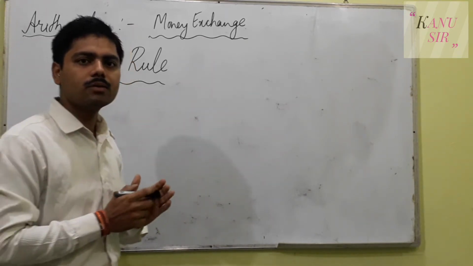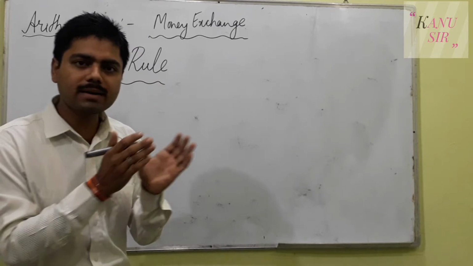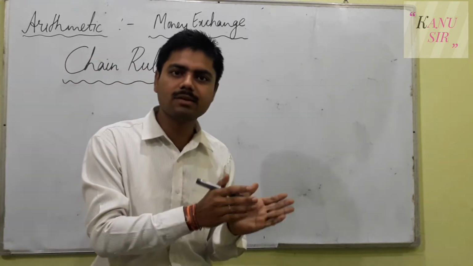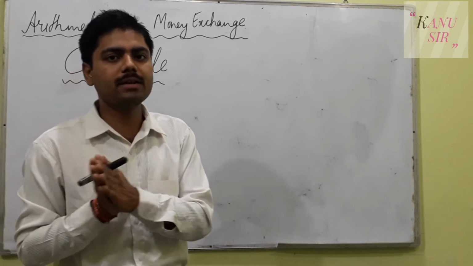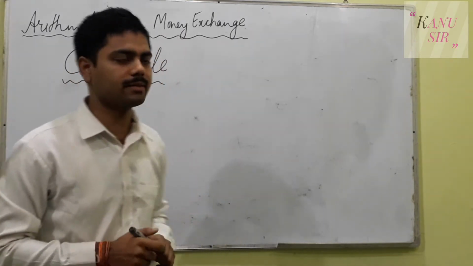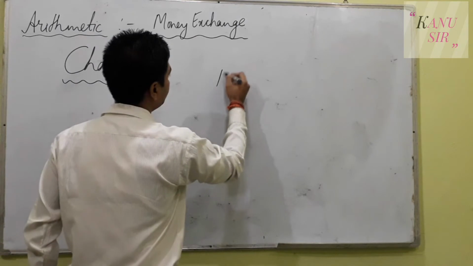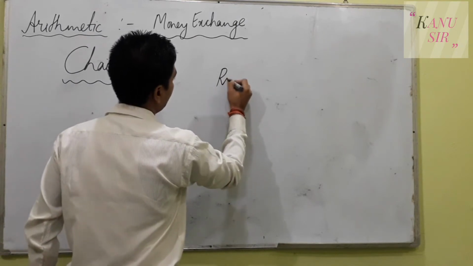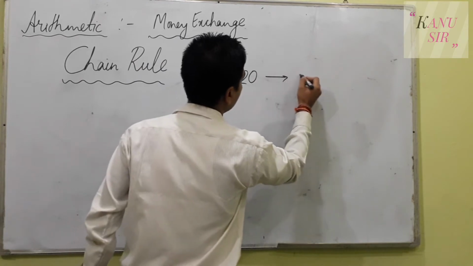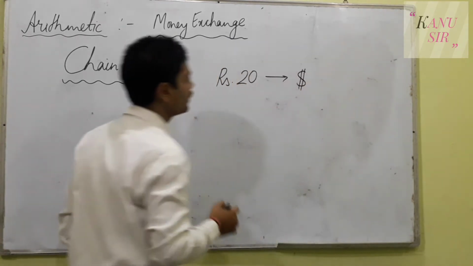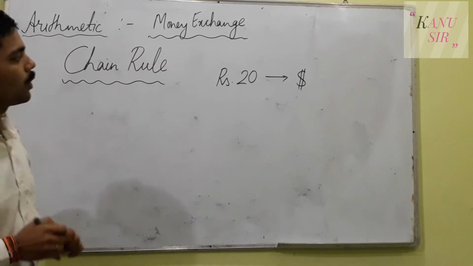Changing money. If you have one type of currency and you have to change it to another country's currency, then that is called money exchange. It means if you have rupees 20 and you want to change it into dollars, then that is called money exchange.